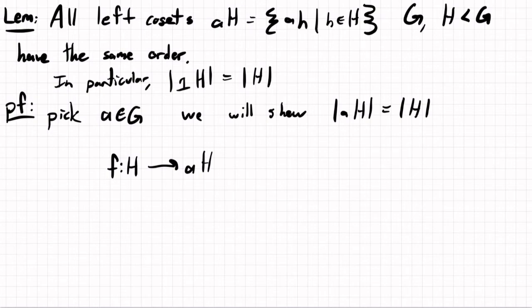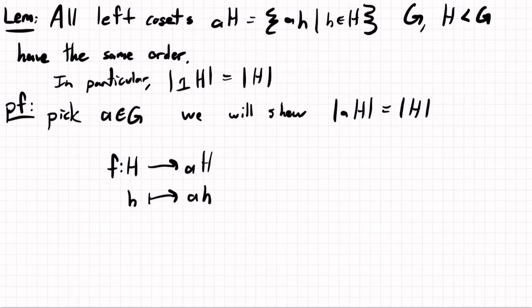What I'm going to do is define this map right here, and it's going to take any element h of H and map it to ah. And I want to show that this map is a bijection.